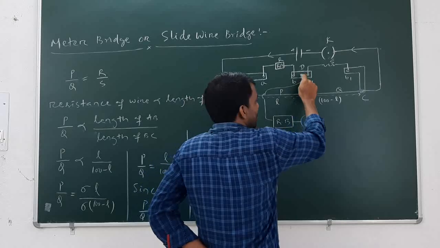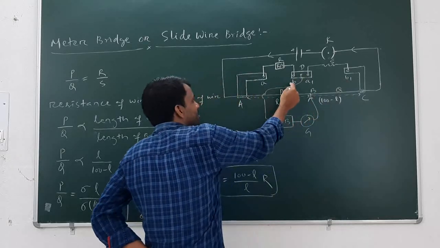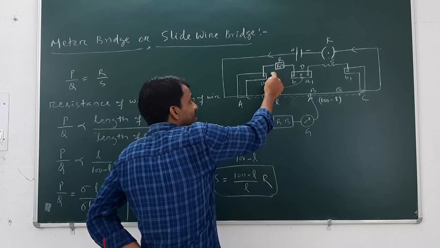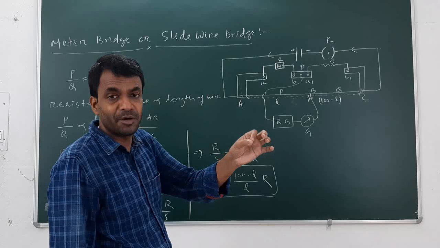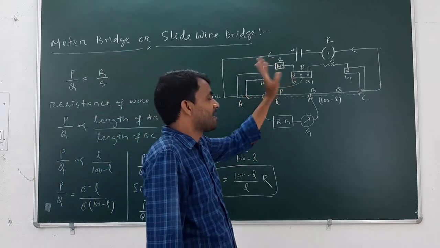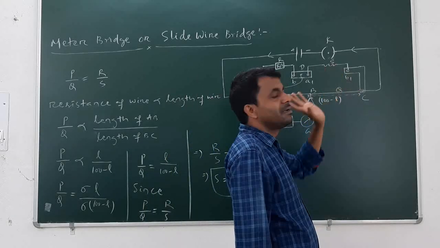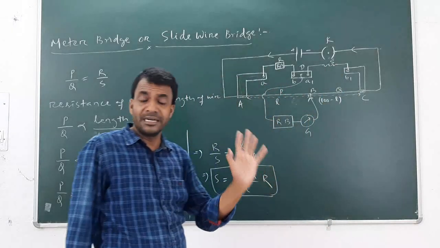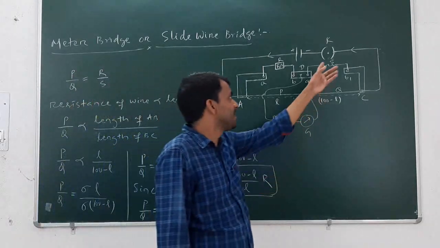This is AB, this is A1, B1. Between the terminals AB there is a gap. A resistance box RB is connected, meaning its resistance is a fixed resistance R. And between the terminals A1, B1, a wire whose resistance is to be calculated is connected. Let it be S.